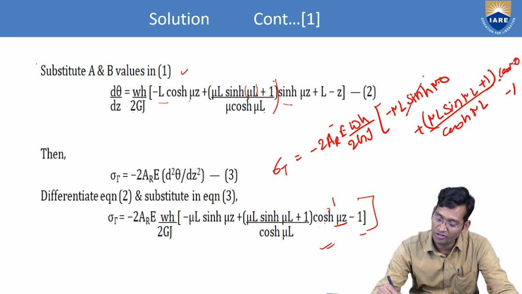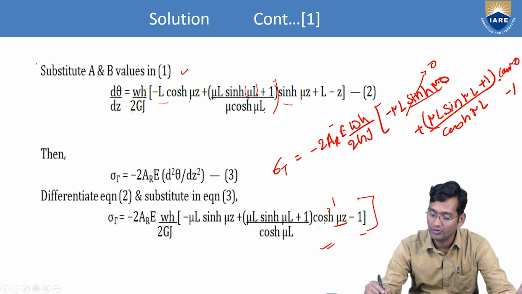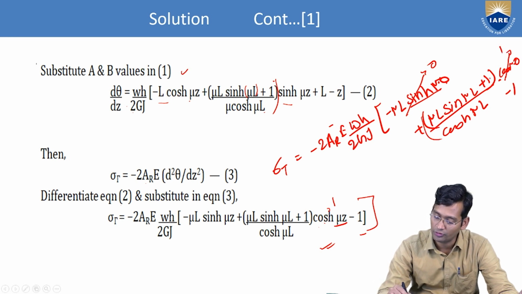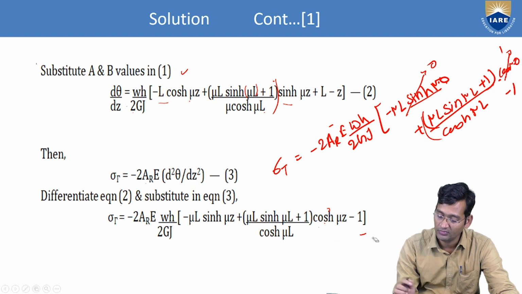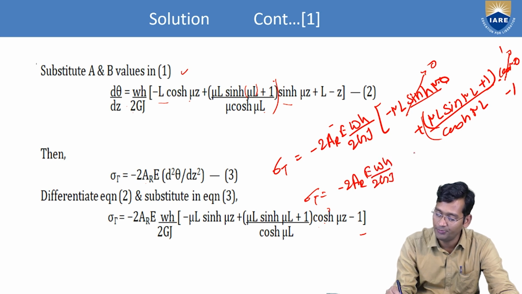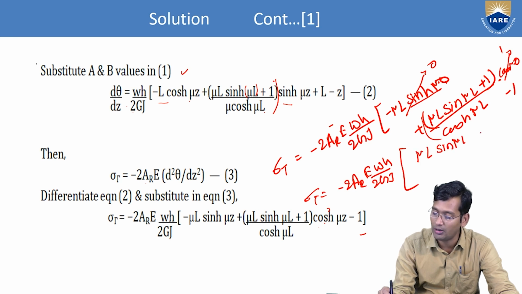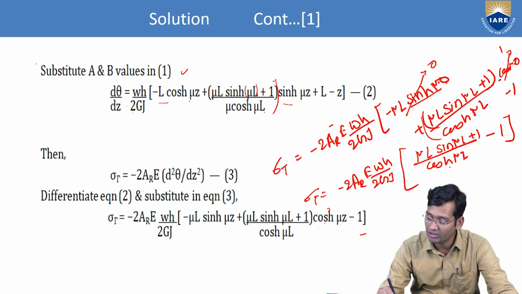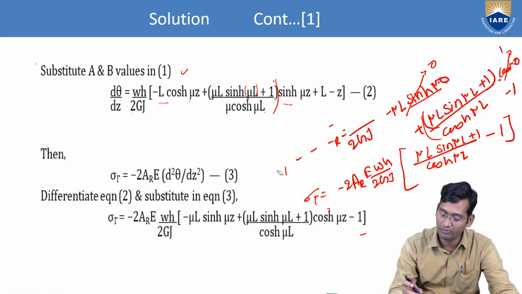So this μ into 0 will be 0, right? Because sinh 0 is 0. Similarly, cosh 0 is 1, so 1 into this term. So now what we have is sigma t equals minus 2ARE WH by 2GJ into μL sinh μL plus 1 by cosh μL minus 1. Right. Now take the LCM. So after taking LCM, what will we get?